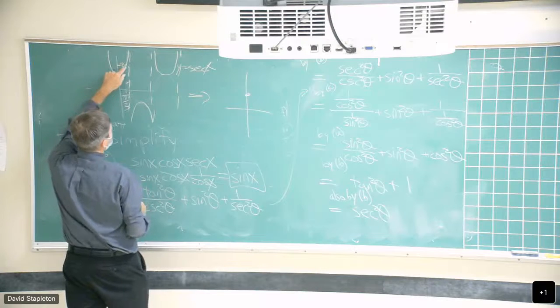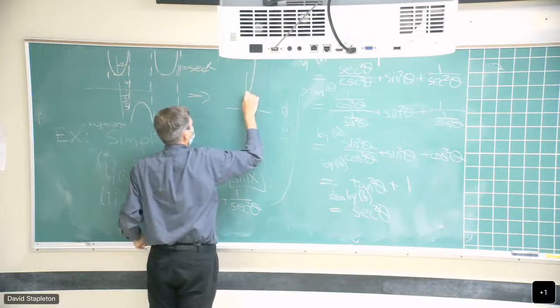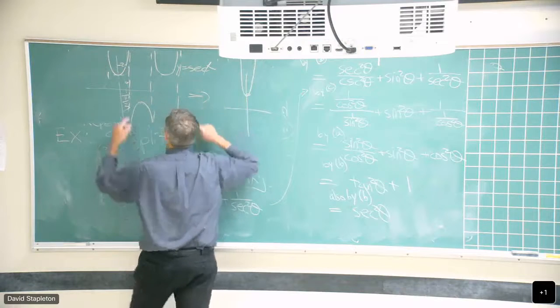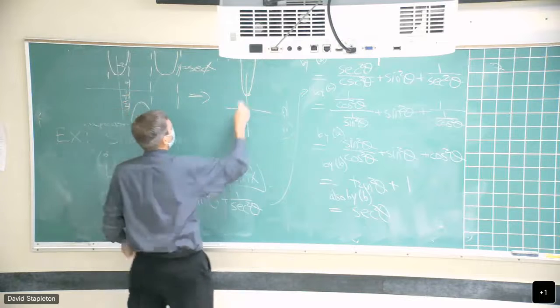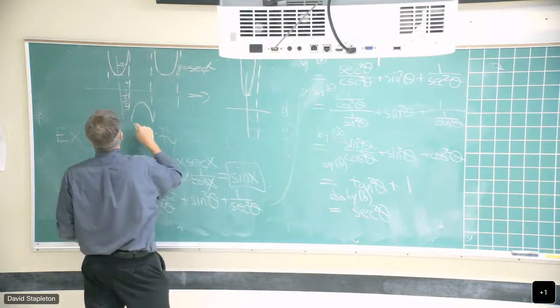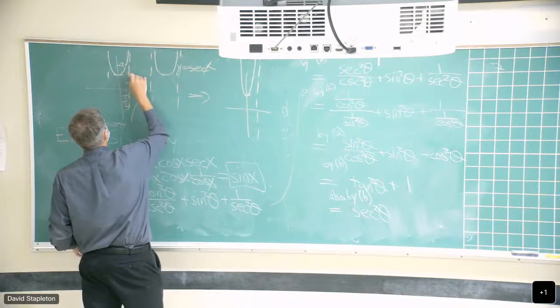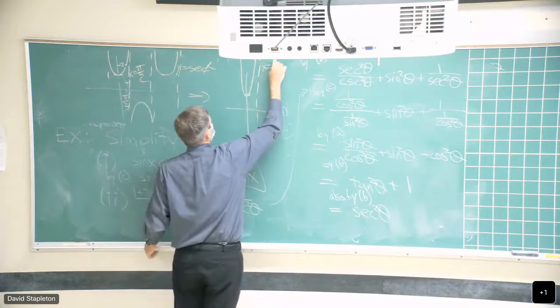Then secant squared is 4, so it goes up steeper. You draw a U-shape up like this, but steeper. The bigger the numbers get, their squares are even bigger still. So you have the same asymptote at x equals pi over 2.